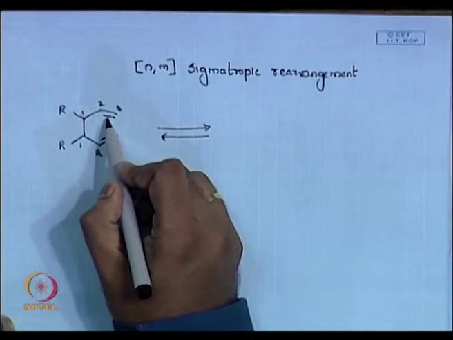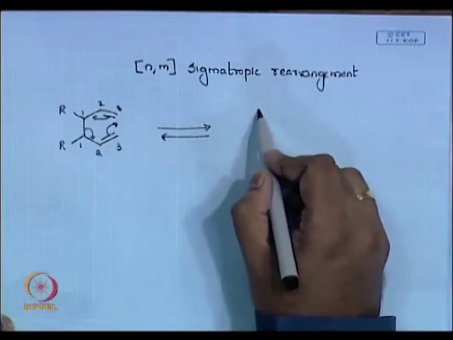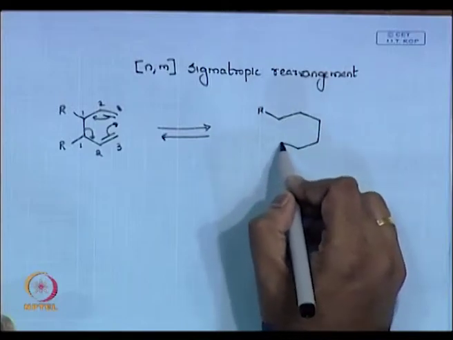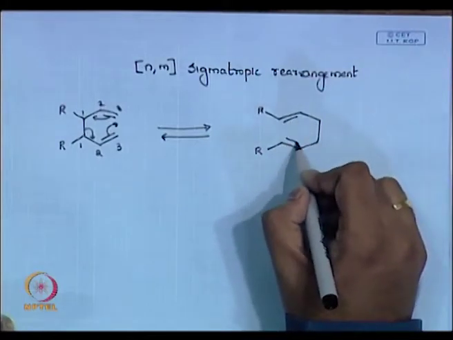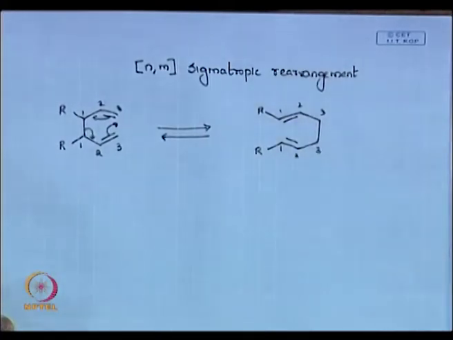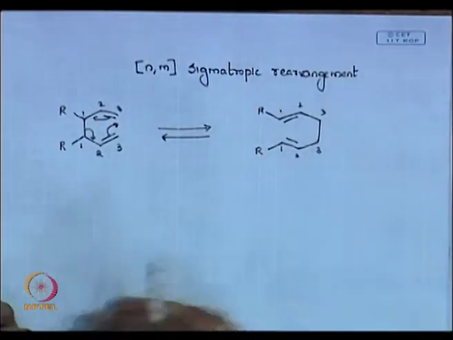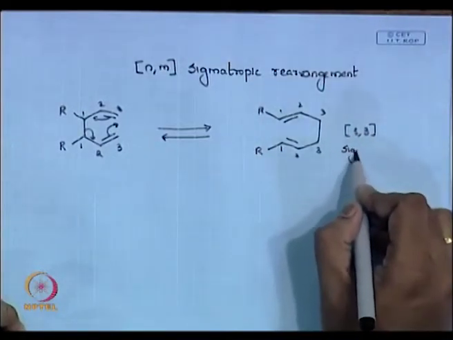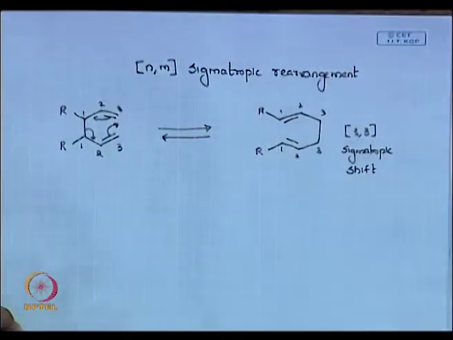So, after the reaction, it has moved to 3, 3. So, this is your n and this is your m. So, then it becomes a 3, 3 sigmatropic shift. Fine.